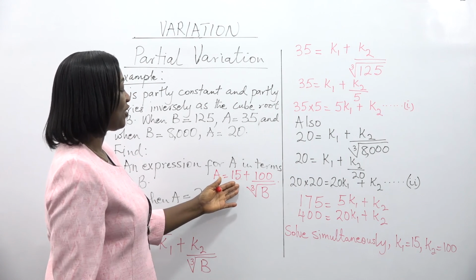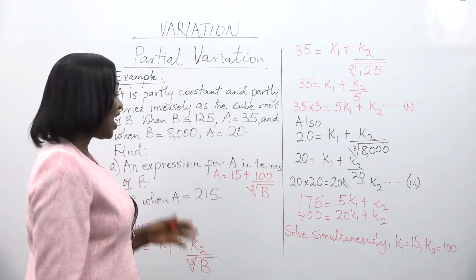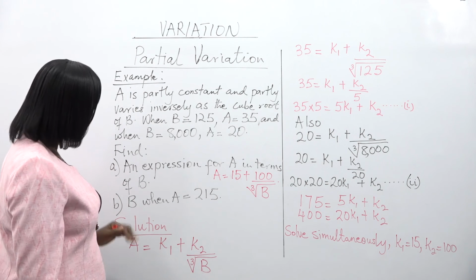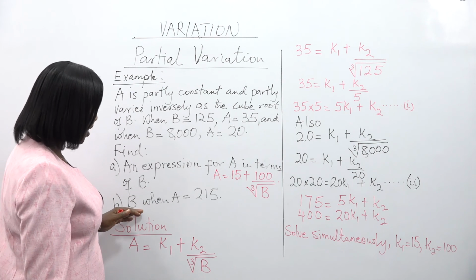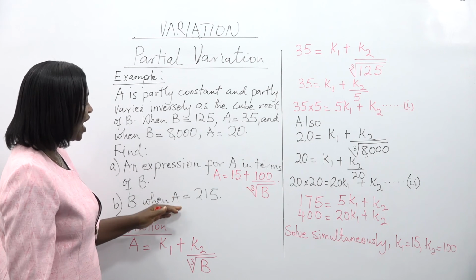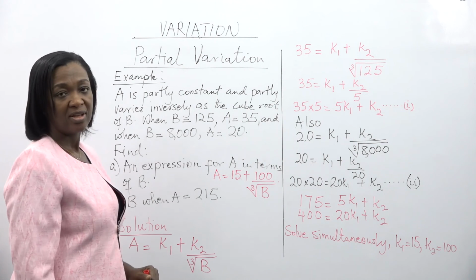We have found the values of K1 and K2. The second question now says, find the value of B when A is equal to 215.